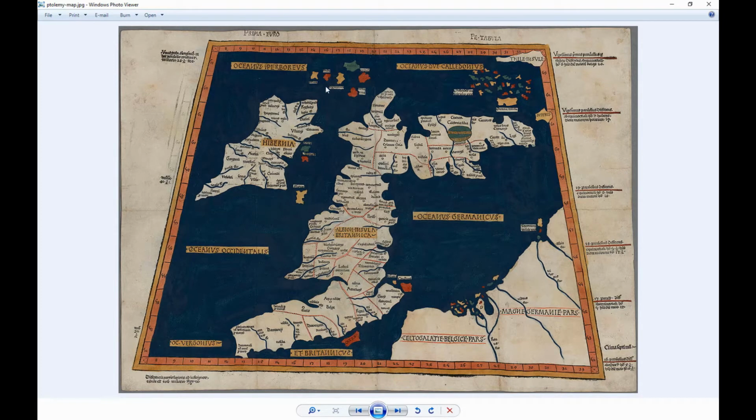It's got the Isle of Man and various things. But look how Scotland, which they called Caledonia back then, is off to the east here instead of the north. It should be up here, and it's over here. But for Ptolemy's time, this is pretty impressive.